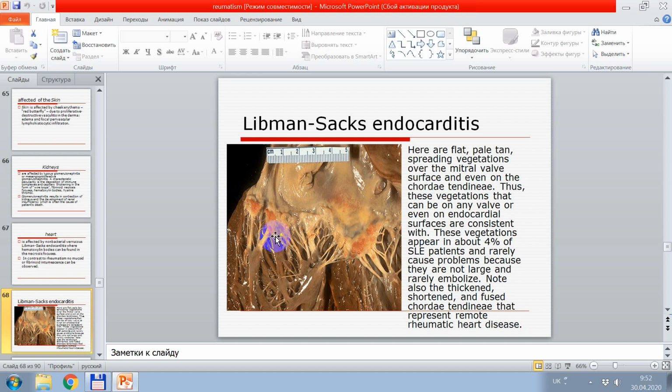It appears in about 4% of systemic lupus erythematosus patients and rarely causes problems because the vegetations are not large and rarely embolize. Note also the thickened, shortened, and fused chordae tendineae that represent remote rheumatic heart disease.